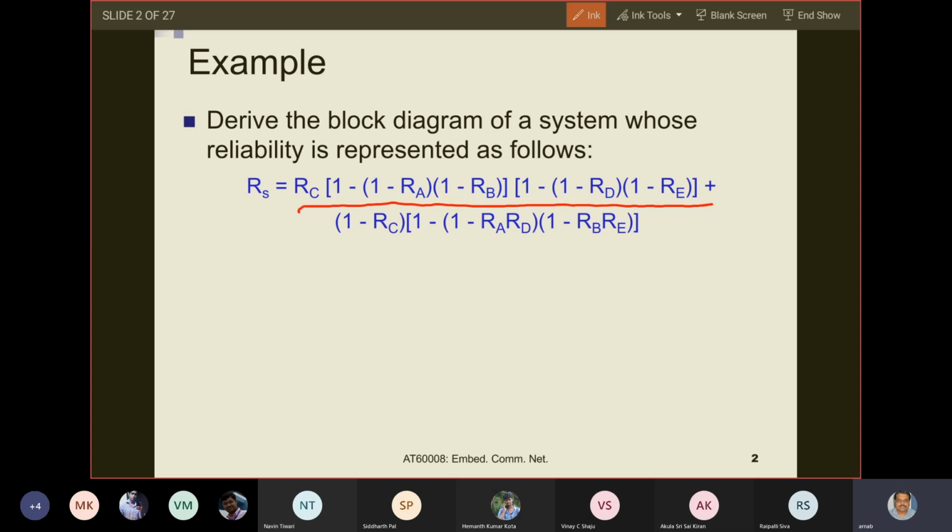Can you tell something about how A, B and D, E must be connected? A and B are parallel. D and E are parallel, but they together are connected in series. And C is in series with them. Yes, correct.